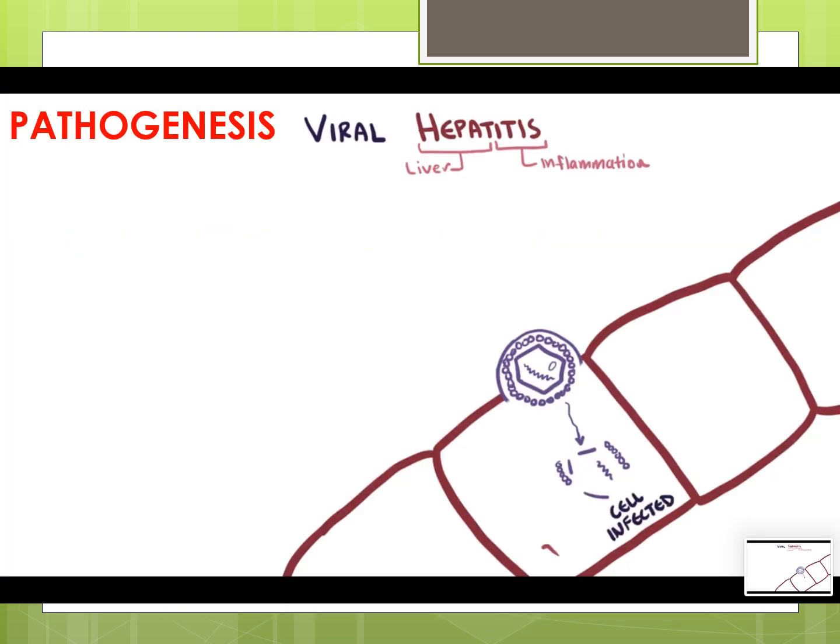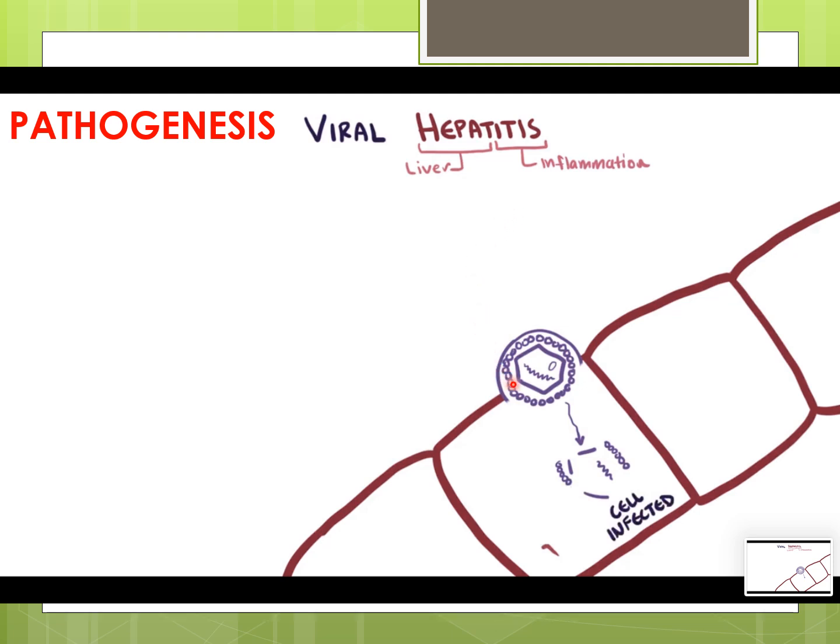What is the pathogenesis? How do the viruses produce damage or help in the damage of the hepatocytes? What is the pathogenesis of viral hepatitis or viral inflammation of the liver cells?